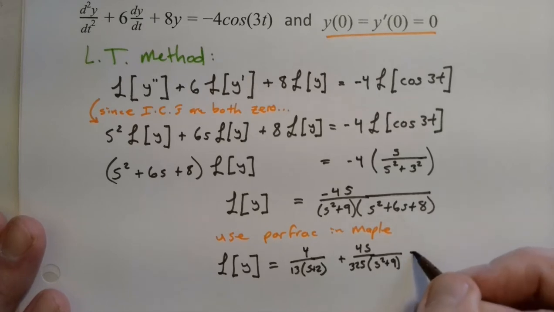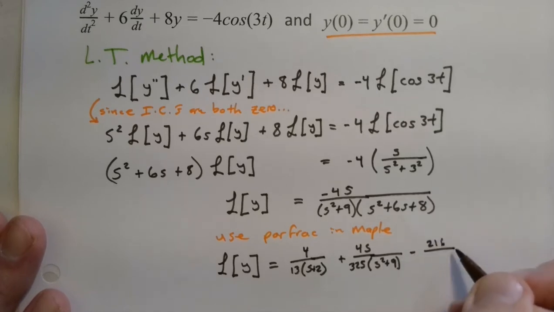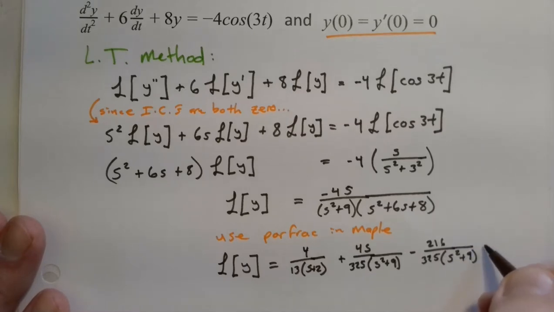And then we have minus 216 over 325 times s squared plus 9. And then minus 8 over 25 times s plus 4.